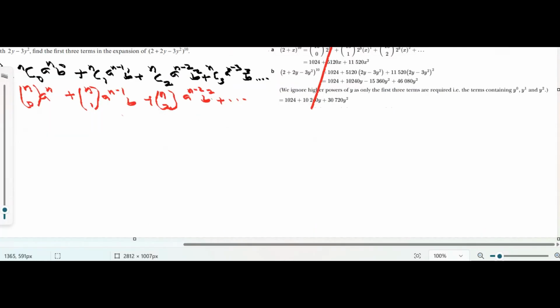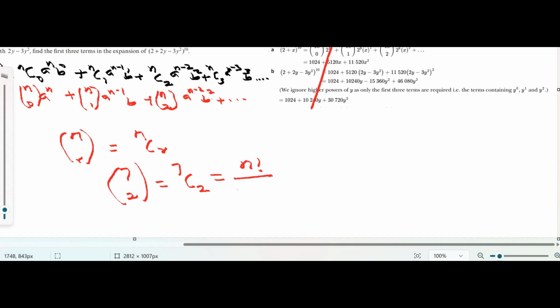I've told you that nCr is the same thing as n combination r. Please take notes. So 7C2 is the same thing as 7 combination 2, that is, out of 7 items select 2, and you can type this straight into your calculator.